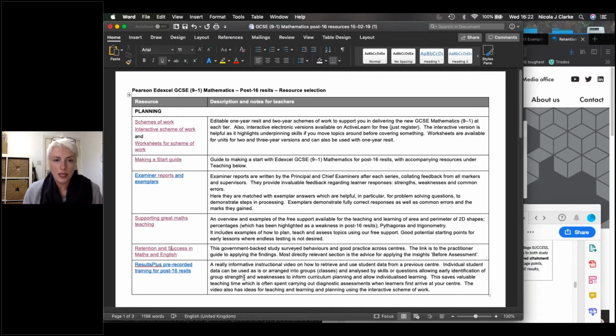So that's really helpful. The other thing to mention at that point is Pearson's access to scripts service. So that's also invaluable, in terms of students being able to see their own scripts.